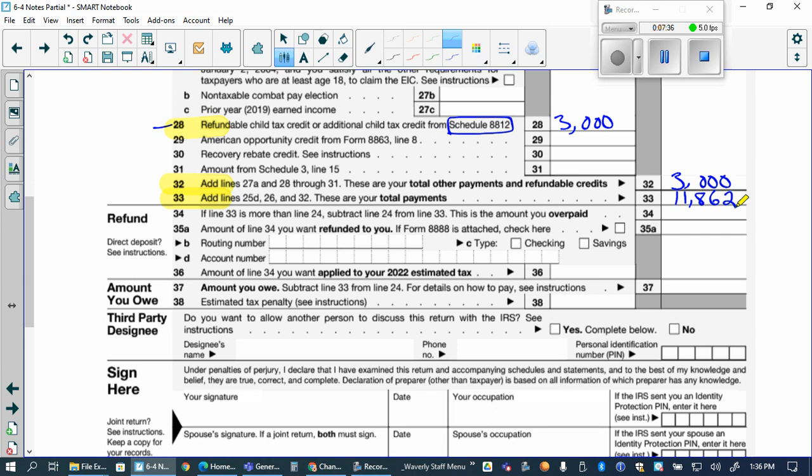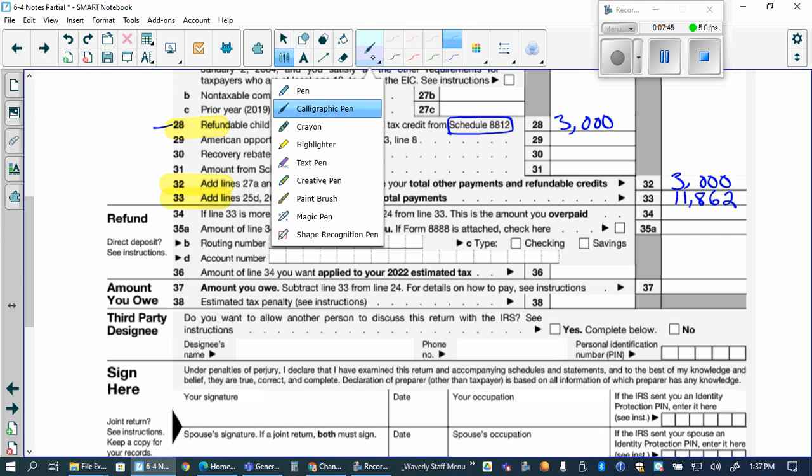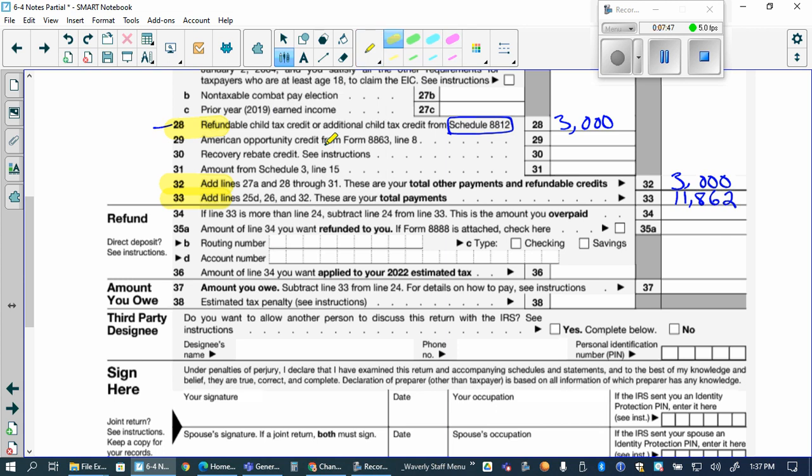Okay? So that's withholding plus any credits they're giving you. All right? And now we'll take a look at line 34 and then line 37. Which one are we going to use? 34. Why are we going to use 34?